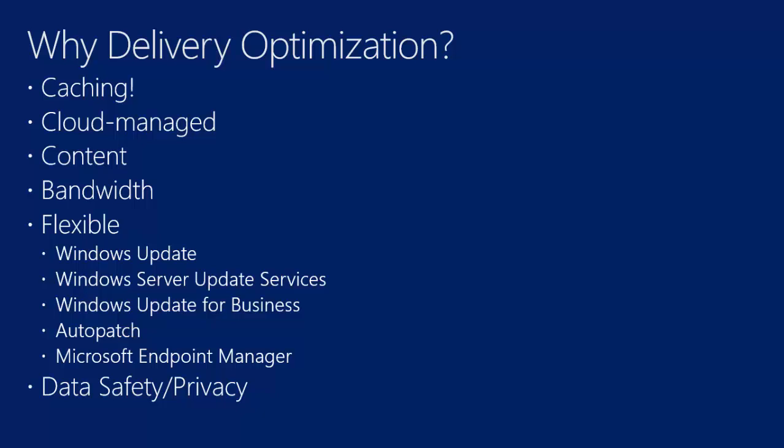So that's one way to think about the mode of operation. Another way to think about the mode of operation is through something called download mode. Now, I'm going to mention that here. I'm going to mention it again later because it is so important. So download mode describes how delivery optimization works. And there's several modes of operation, but really that describes how you treat your clients and kind of group them together. The most common are options 1, 2, and 3. Options 1 and 2 are really the ones that I've most used, right?